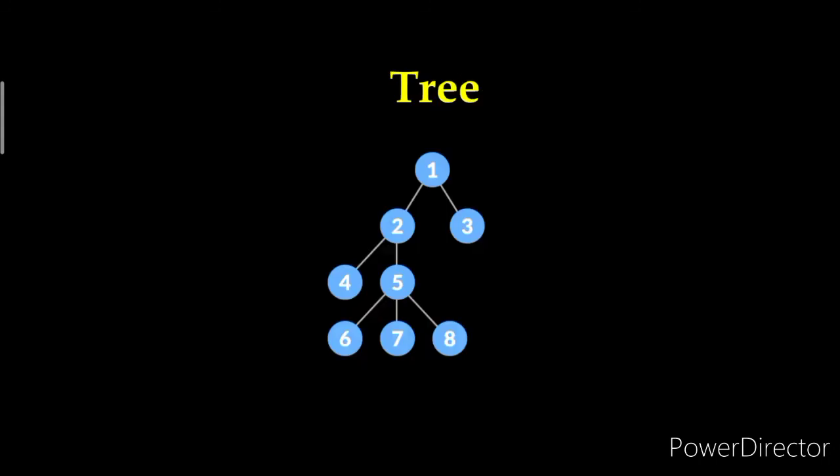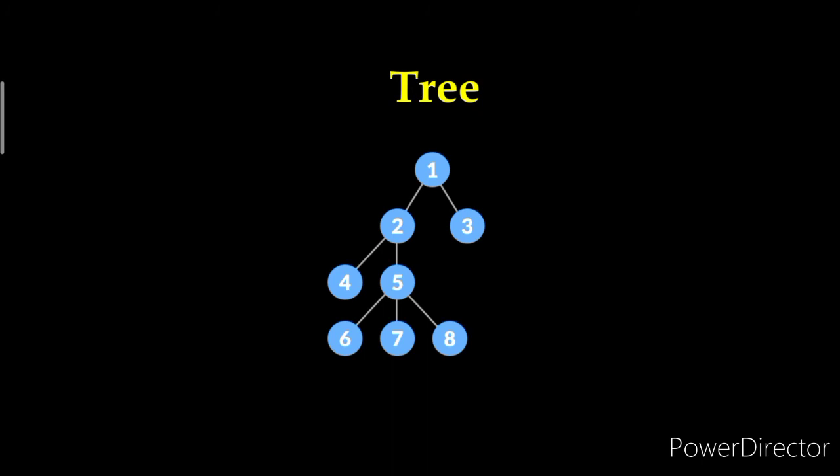The next example is trees. In this example, if you take the data element 1, does it have a predecessor? No, but it has 2 successors, 2 and 3. When you take the data element 5, it has the predecessor 2 and it has 3 successors, 6, 7 and 8.